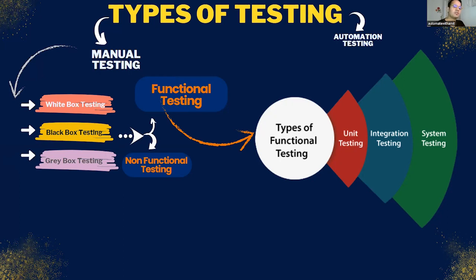Let's suppose they have created a method, and for that method they give some input and test whether it gives the expected output or not. That is called unit testing, because they are testing small units of software.